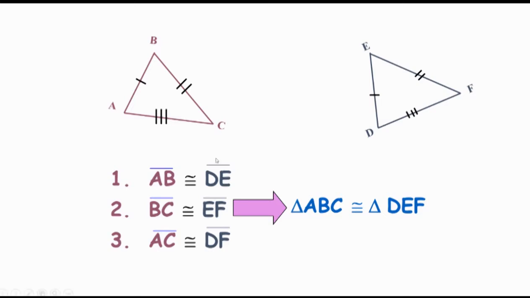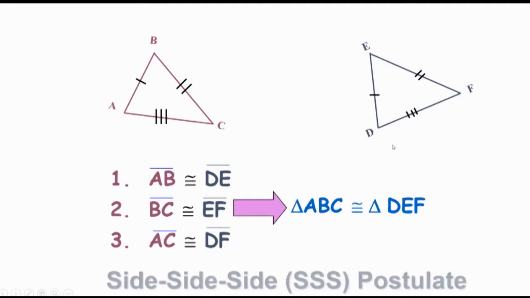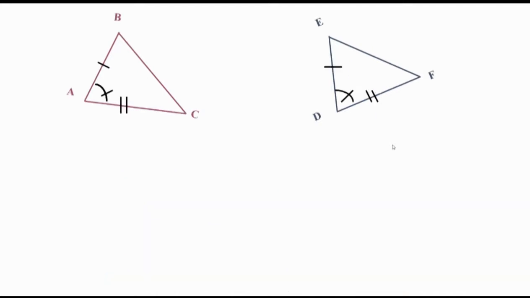And if you notice, these three sides are all congruent to the corresponding sides of the other triangle. That means SSS is the postulate for these congruent triangles, triangle ABC and triangle DEF. That is a way to prove that they are congruent.